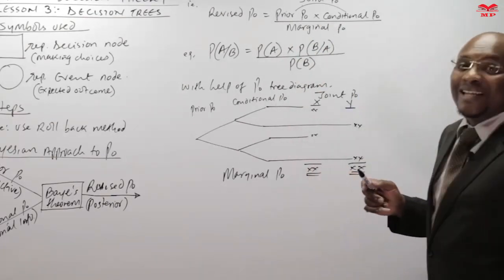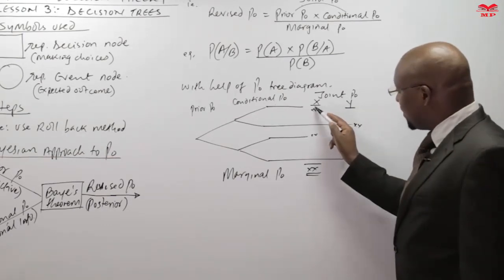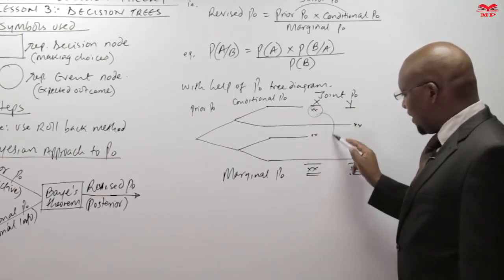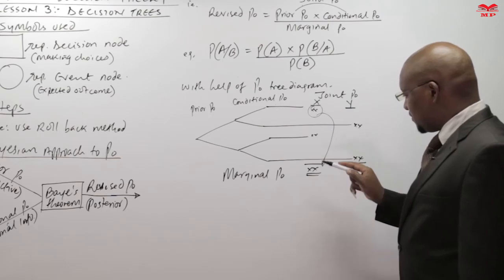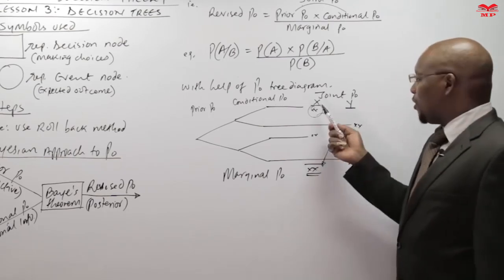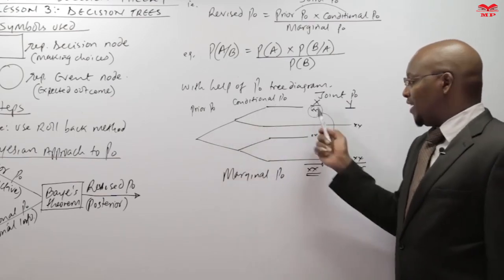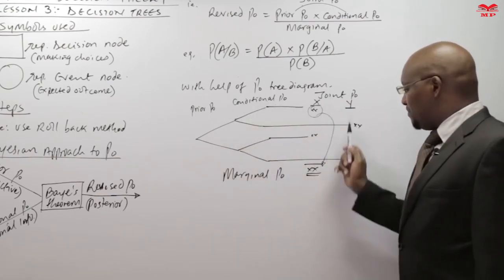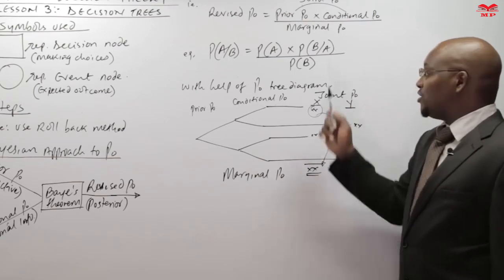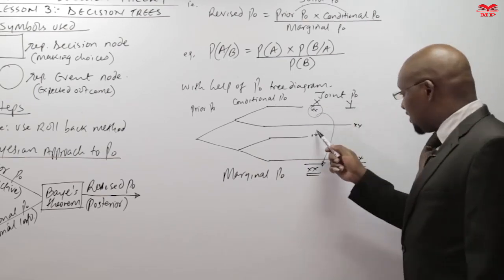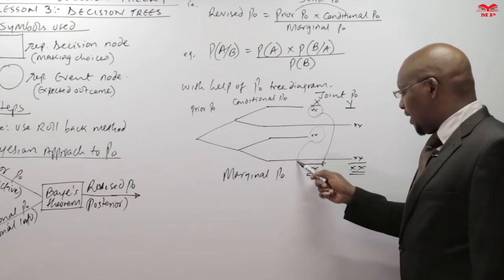Now, when we say that the revised probability is taking the joint divided by the marginal, then that means you take this probability here, you divide by this. As simple as that. This is one of my joints, because you can see it's a prior times conditional, I get this joint. I take this joint, I divide by the total, which is the marginal. This another joint is here. I again divide using this.